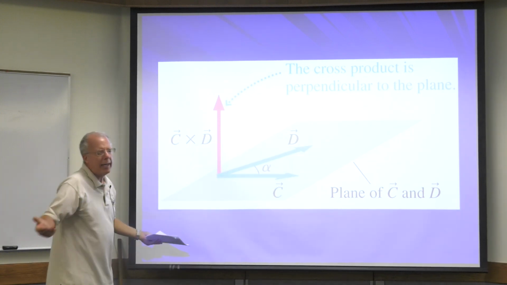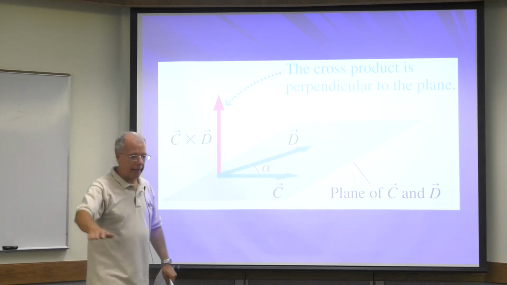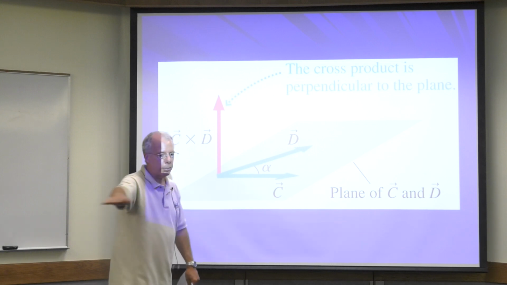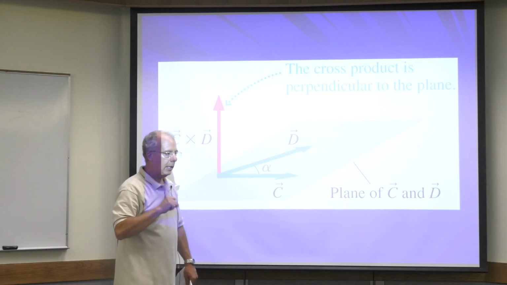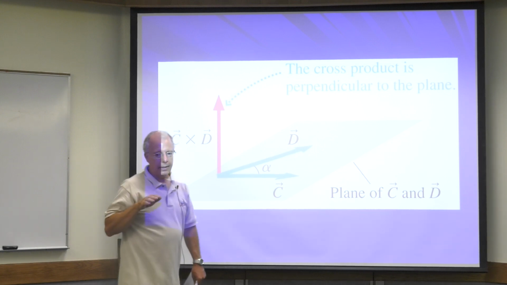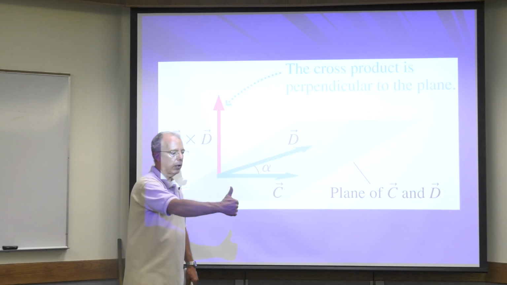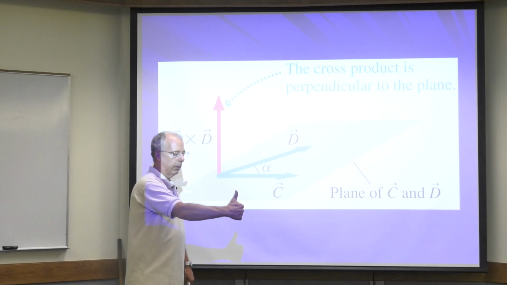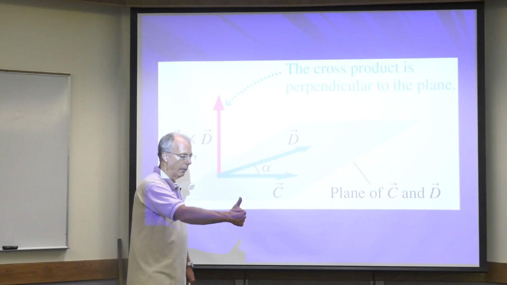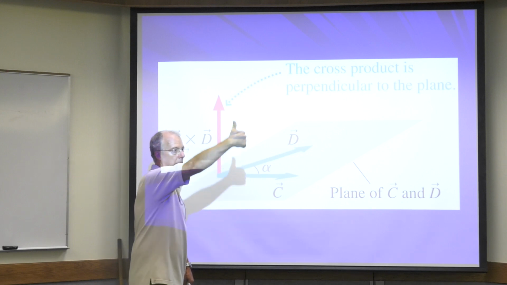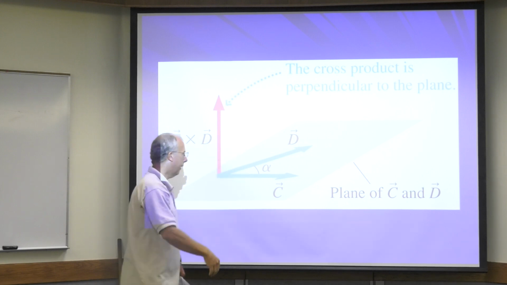What you do is stick your arm in the direction of the first vector, then point your palm in the direction of the second vector, and your thumb, which is perpendicular to your arm, points in the direction of the cross product.